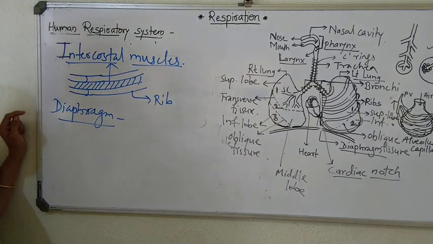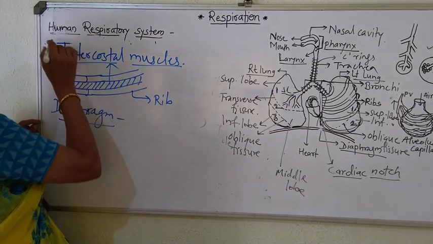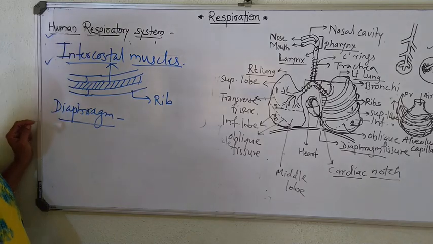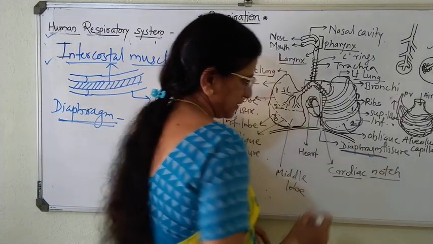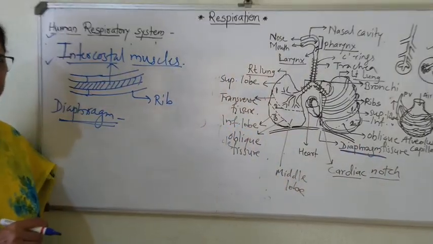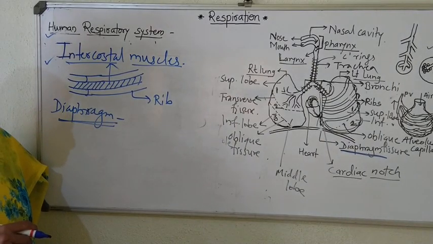These muscles are known as intercostal muscles. They play an important role in breathing, that means taking air inside and throwing air outside. How they are useful in breathing, we will see later on. So only remember intercostal muscles. These are also a part of our human respiratory system. Then the diaphragm. The diaphragm is a muscular partition present between the thoracic cavity and abdominal cavity.